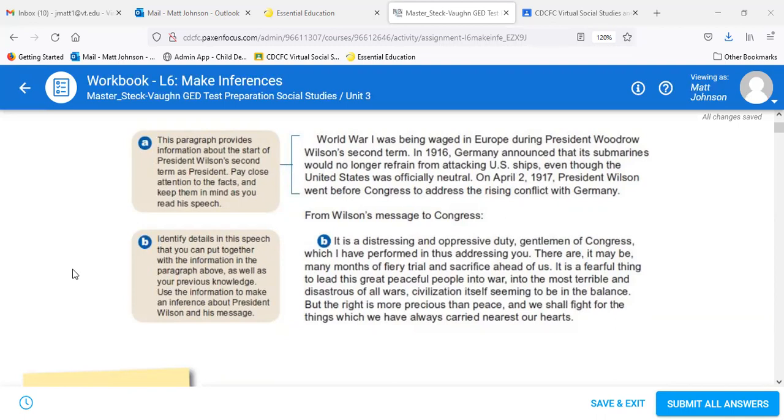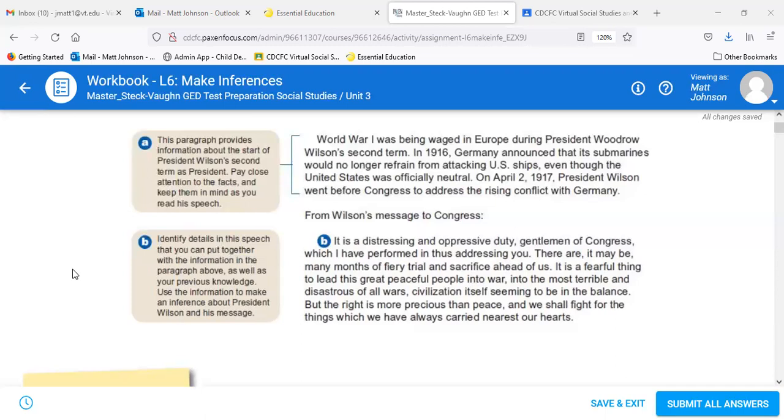Distressing and oppressive duty, which I have performed in thus addressing you. So we can see a change of heart for Wilson, that we're going to have to get involved. We're not going to have a choice here if we want to help determine the peace. For one, we're going to have to be involved.